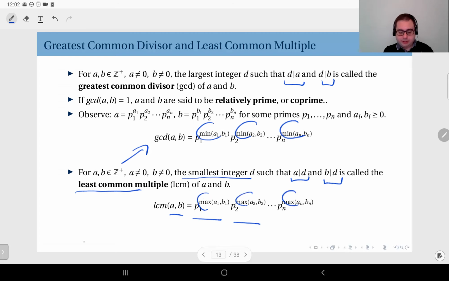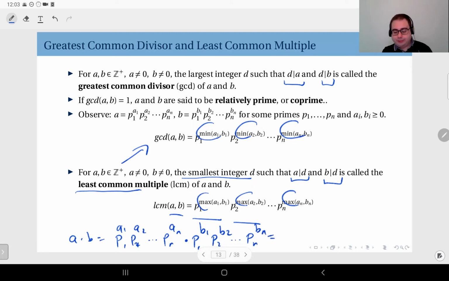So consider the number a times b, that would be p1 to power a1, p2 to power a2, pn to power an times p1 to power b1, p2 to the power b2, pn to power bn. So this means this is p1 to power a1 plus b1 times p2 to power a2 plus b2, pn to power an plus bn.